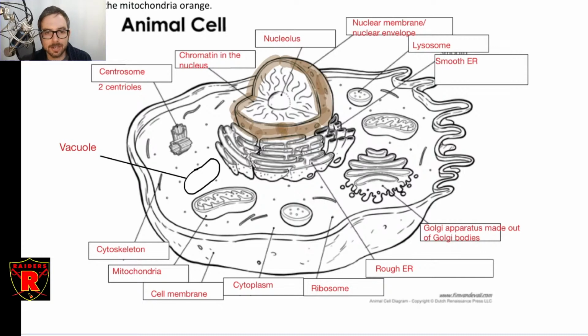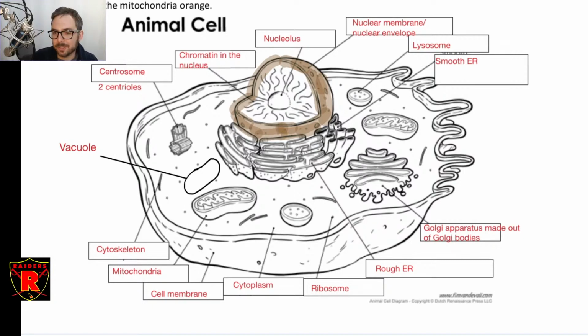The Golgi apparatus is responsible for folding proteins into their final shapes and packaging them for export out of the cell. The mitochondria is the primary energy production site in the cell. It produces ATP and it uses oxygen, so it's what the oxygen is for inside the cell. Those kinds of things.